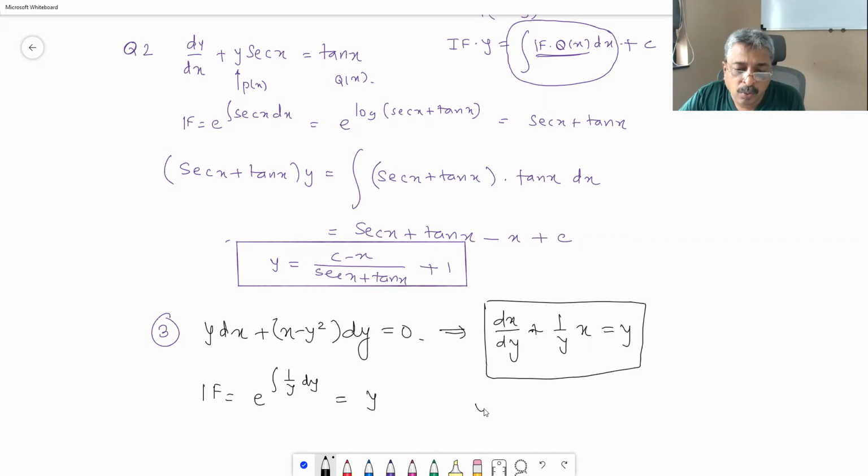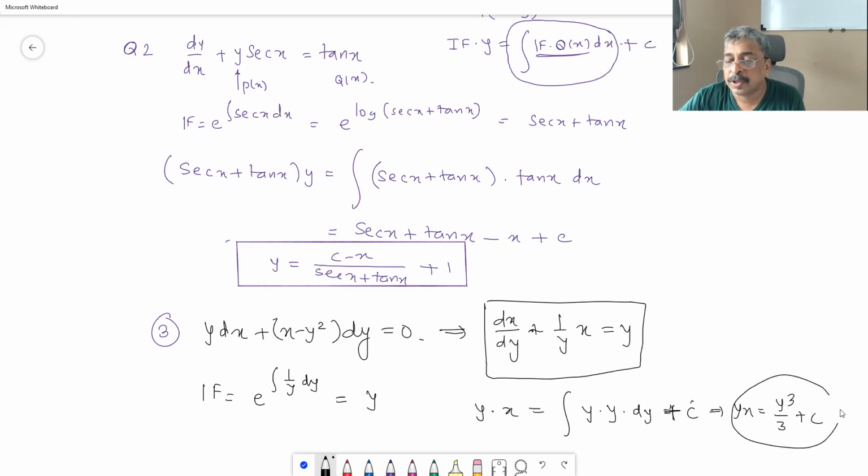And therefore y, the integrating factor, times x is equal to the solution directly. Integral of integrating factor into RHS into dy, plus c, which gives yx is equal to y cube by 3 plus c. That is your answer. The only difficulty was that it has to be considered as dx by dy instead of dy by dx.